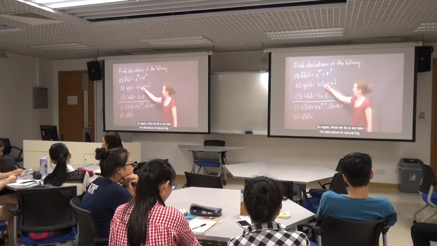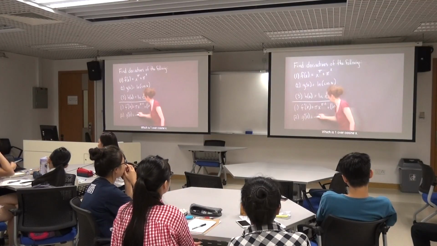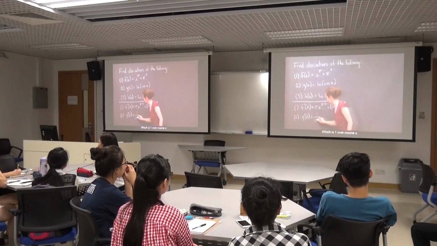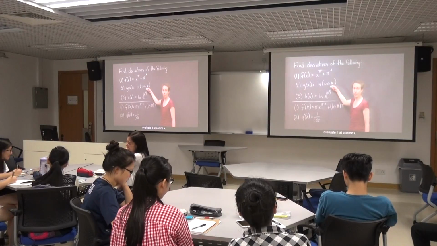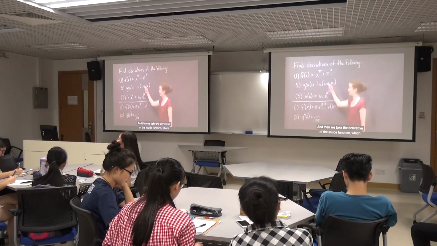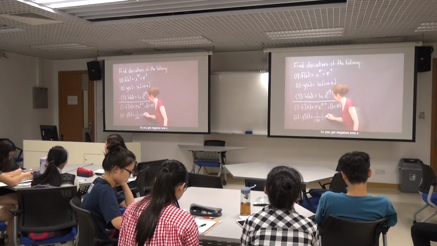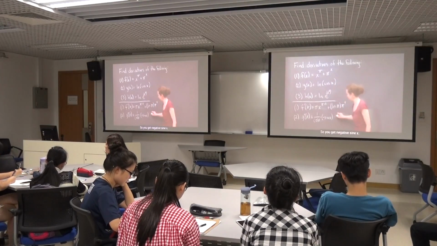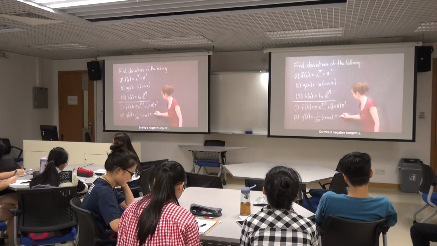So we take the derivative of the natural log function, which is 1 over cosine x, evaluated at cosine x, and then we take the derivative of the inside function, the derivative of cosine x, which gives negative sine x. So this whole thing is negative sine over cosine. So this is negative tangent x.